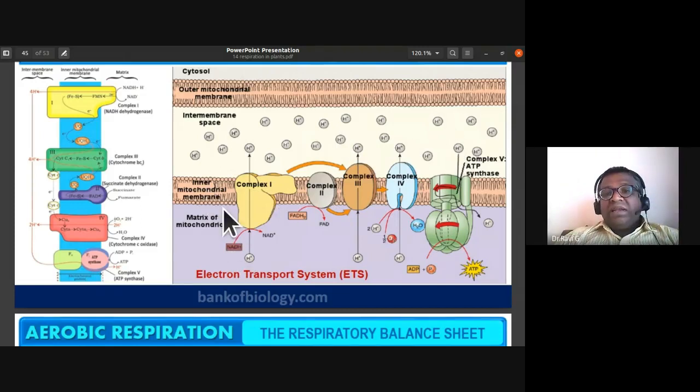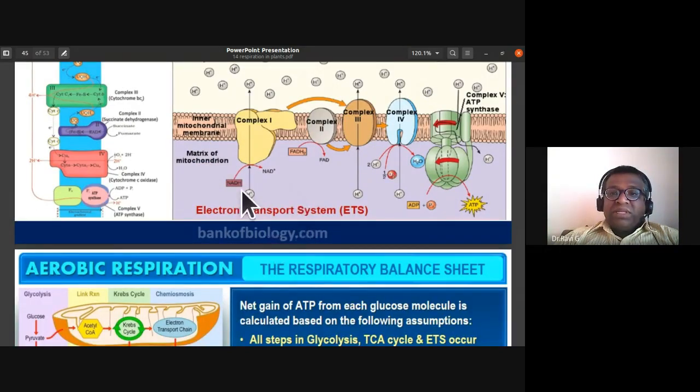Complexes 1, 2, 3 and 4 are all located in the inner membrane, and complex 5 has the ATP synthase. In the matrix, complex 1 has NADH dehydrogenase, and as protons are passed to the intermembrane space, NADH is oxidized to NAD plus.